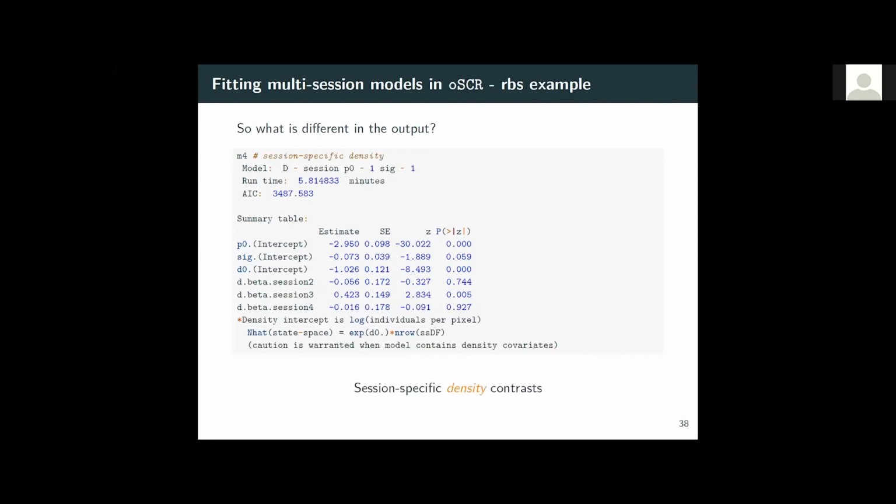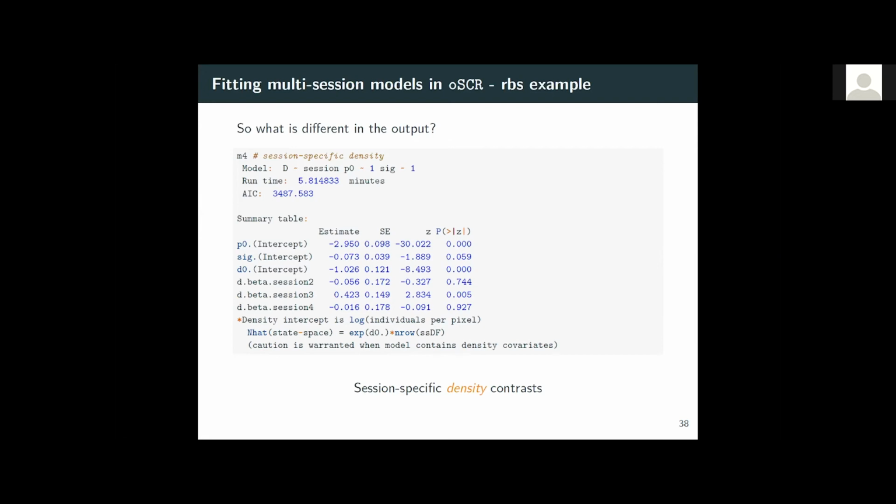So here's the case model 4, where we specified session-specific density, but a null model for baseline detection and a null model, or the intercept-only model, for the sigma. So by writing this model out, d tilde session, and knowing that we have 4 sessions in our model, without looking at the model table, I should know that I'm going to have an intercept, which is going to be an estimate of the first session's density.